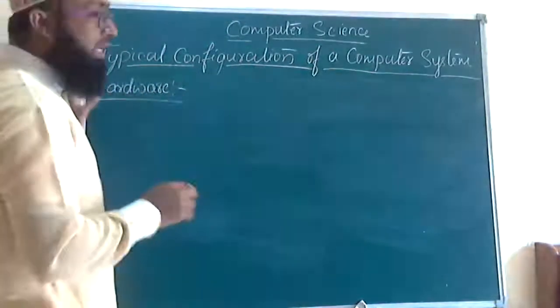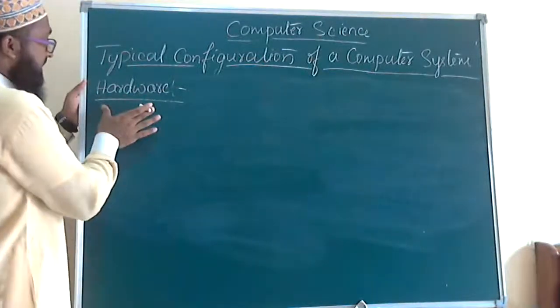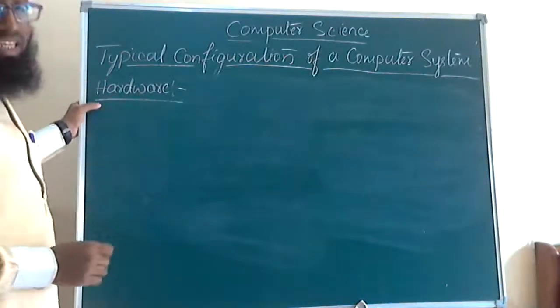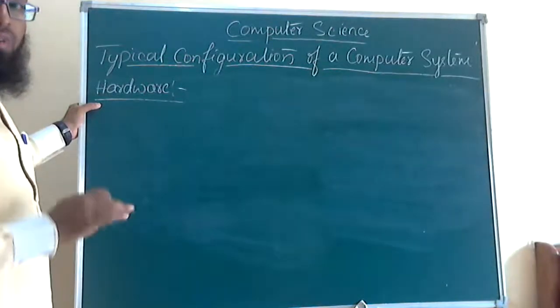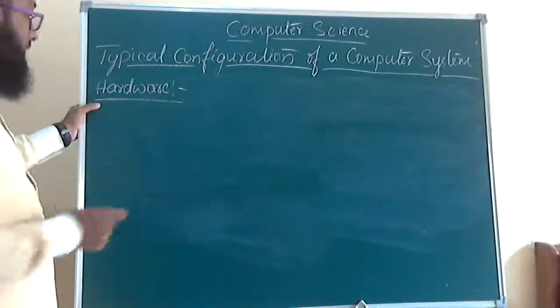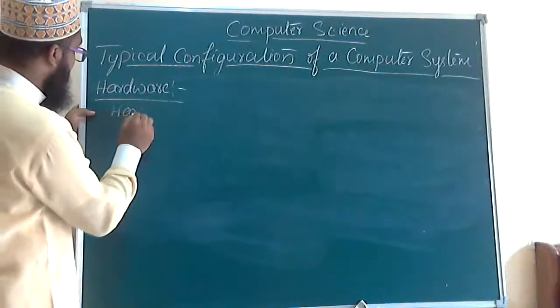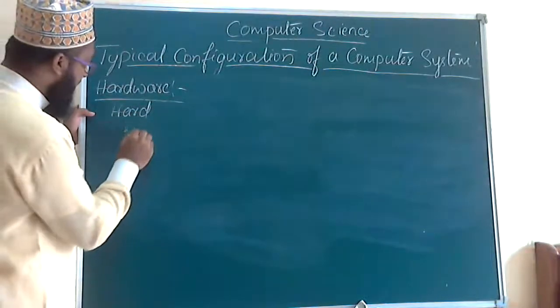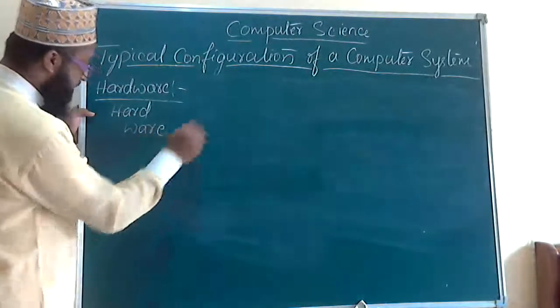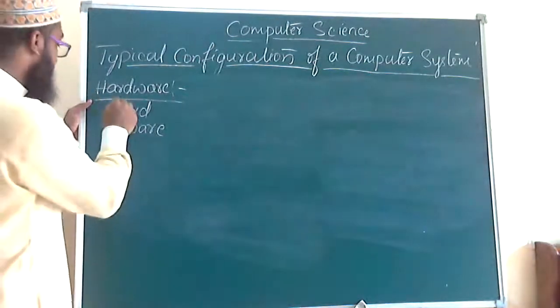What is meant by hardware? Here in the heading itself, we can come to know the actual definition of that component. Hardware: think, hard is one word and ware is another word.